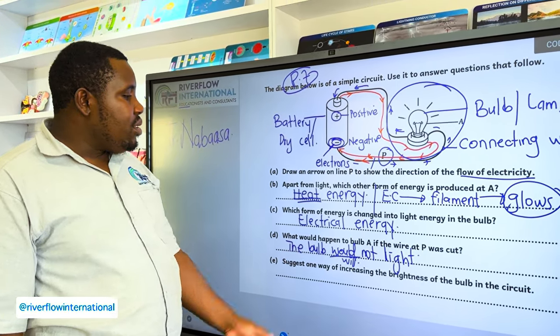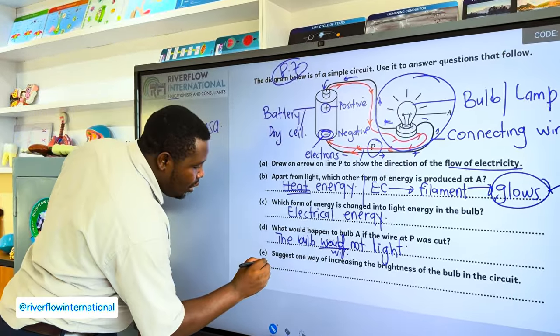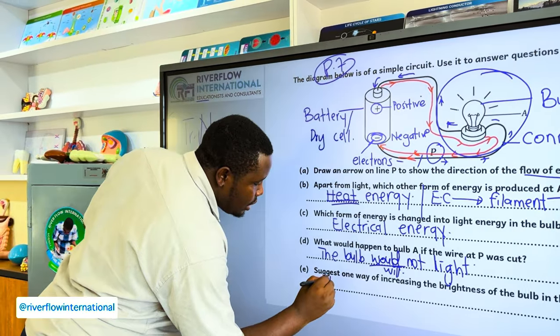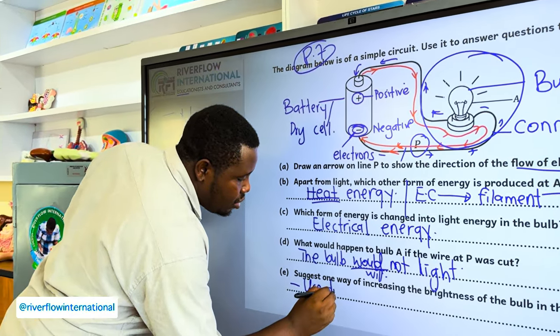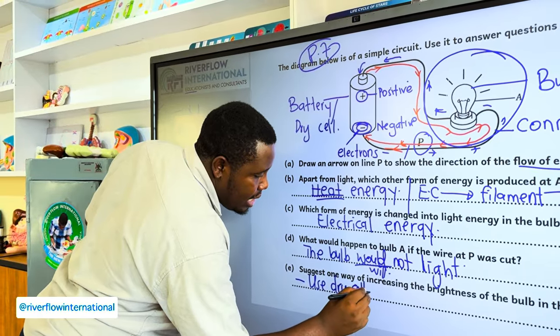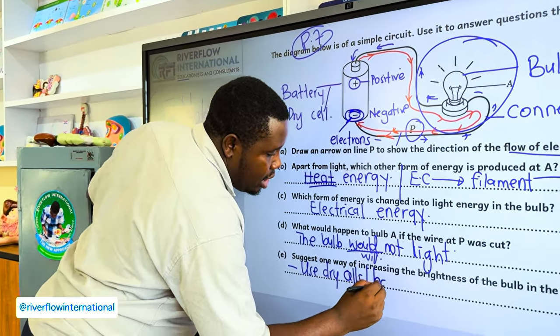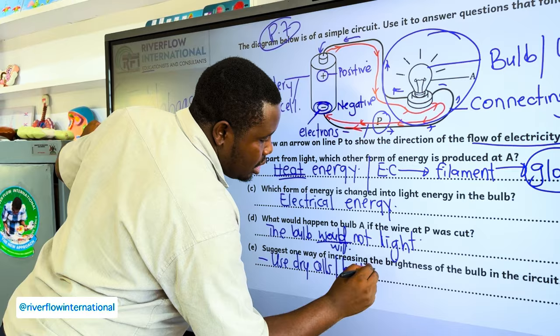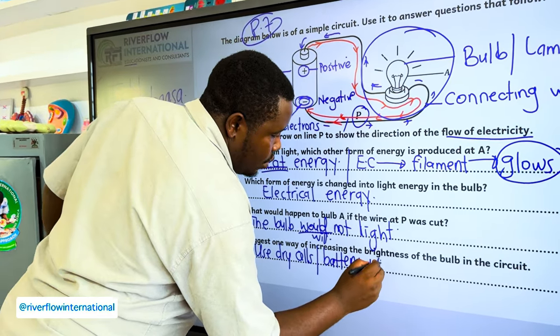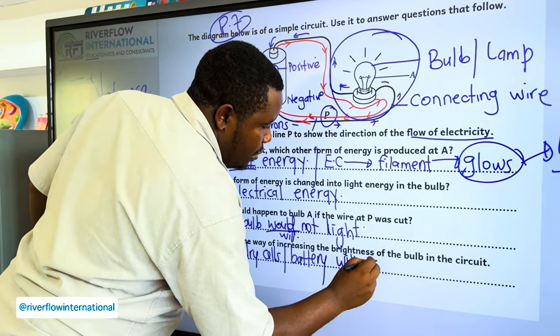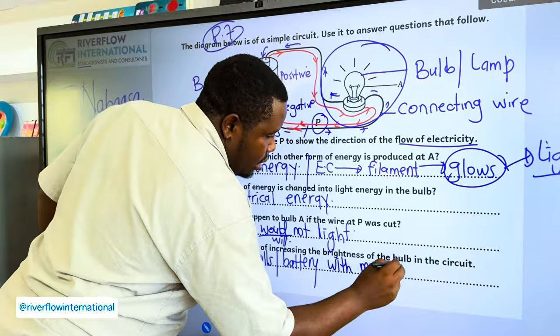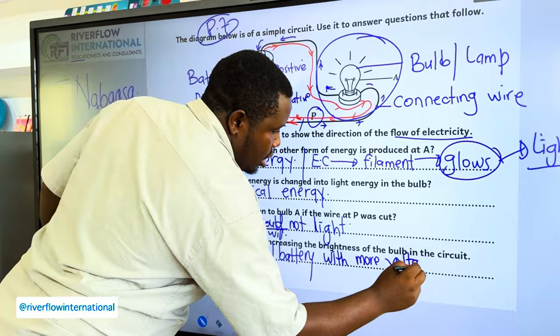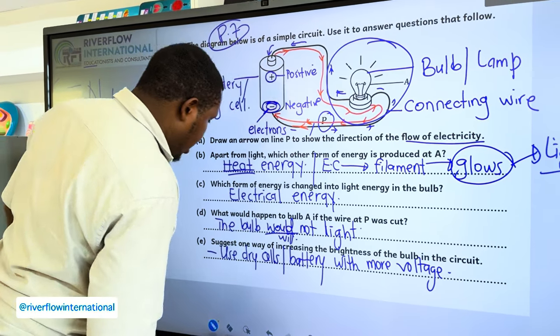State one way of increasing the brightness. Now, number one, you use dry cells or battery with higher voltage. Let me use the word voltage. The one that can give us more electricity.